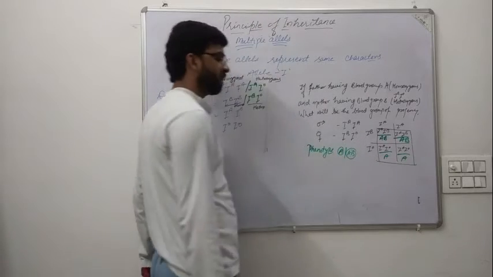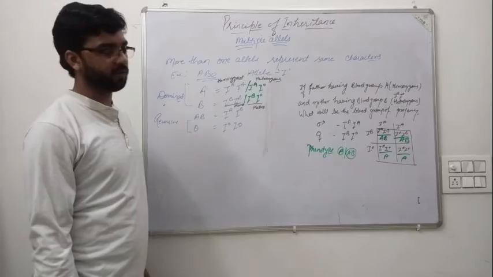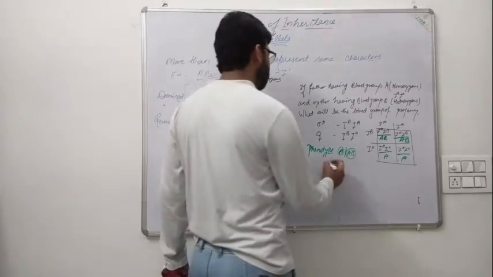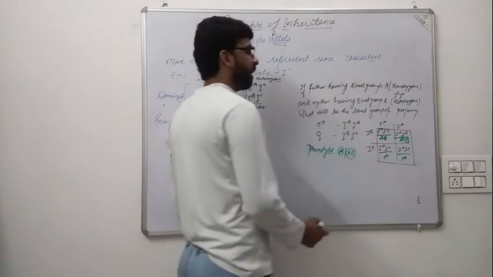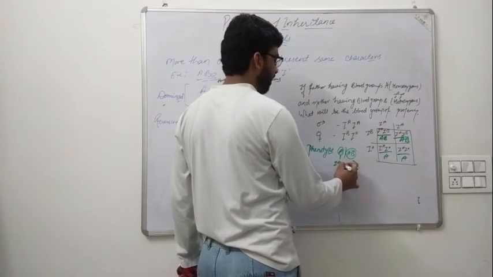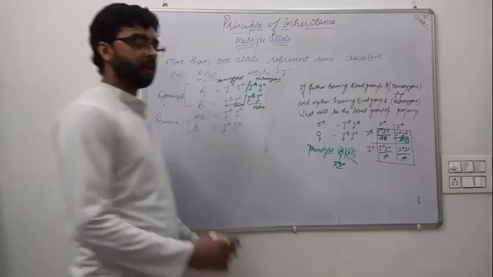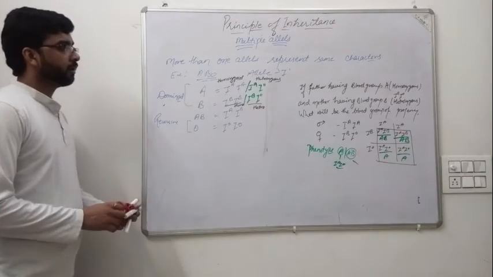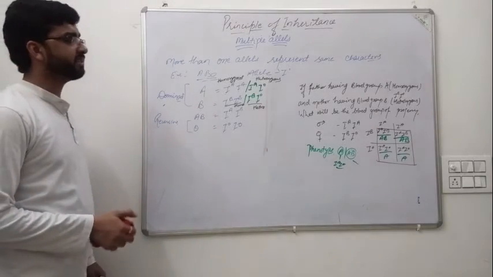For genotype, IAIB for blood group AB and IAIO in a heterozygous condition for blood group A. Now we change the statement.